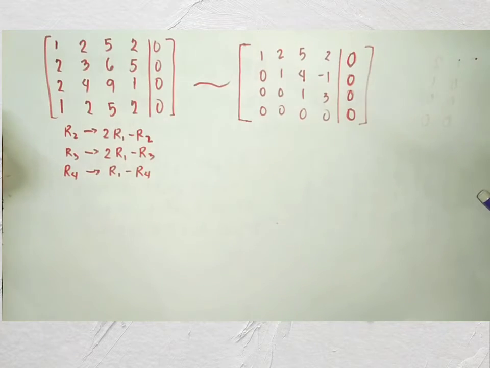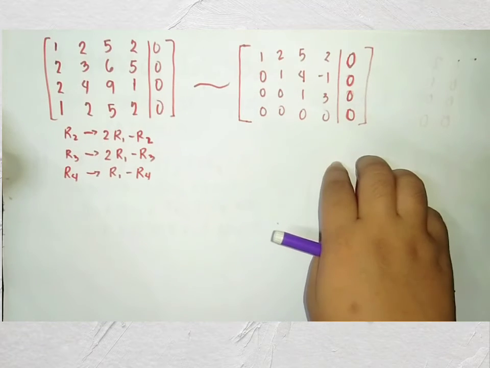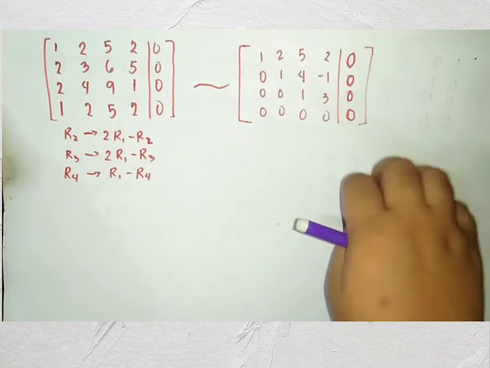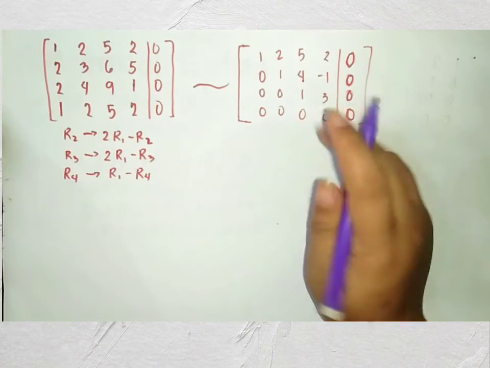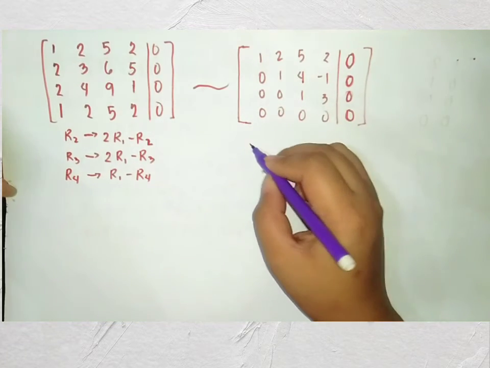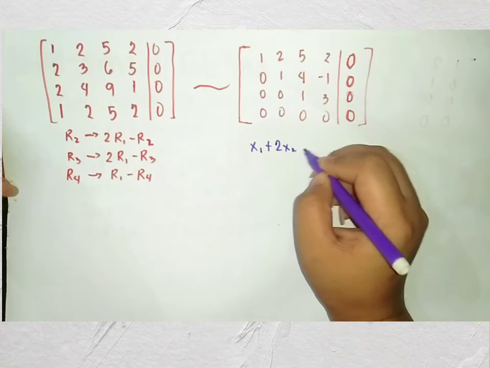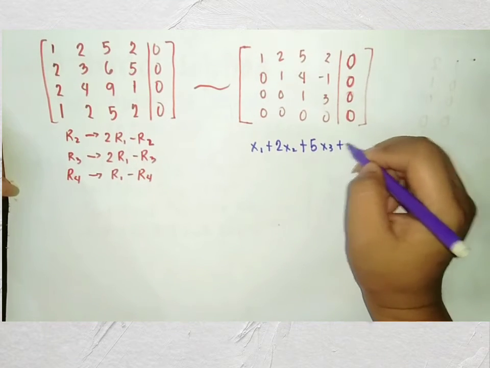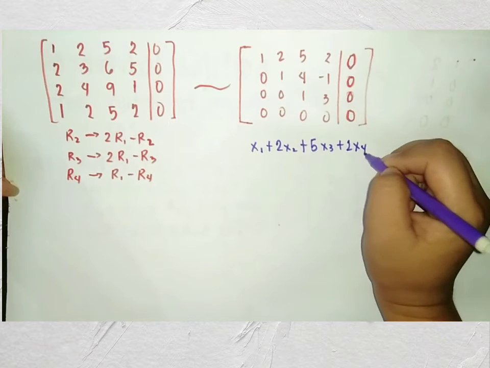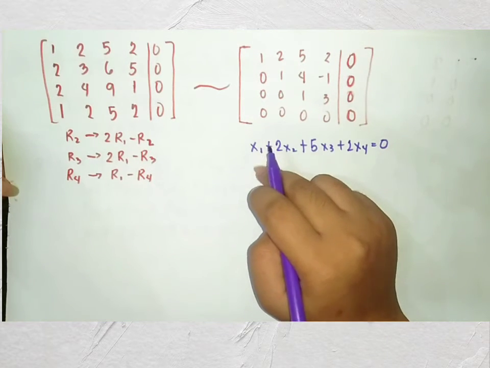So, i-turn natin siya into homogeneous system na with the variable gamit netong nakuha nating sagot. So, 1 is x sub 1 plus 2x sub 2 plus 5x sub 3 plus 2x sub 4 is equals to 0.